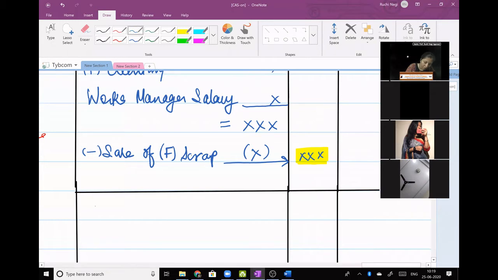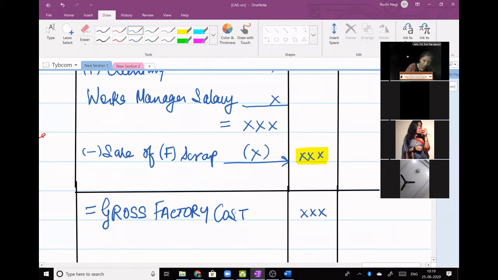Now, this is called gross factory cost. Gross factory cost.